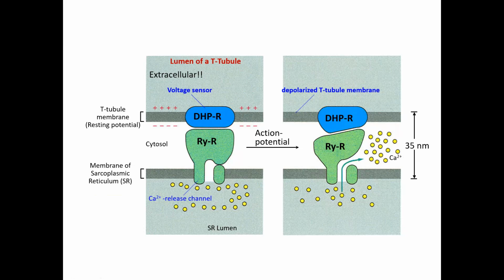I want to mention here, even though we don't study heart muscle, what is the difference in this part between the skeletal muscle and the heart muscle. The difference is this.